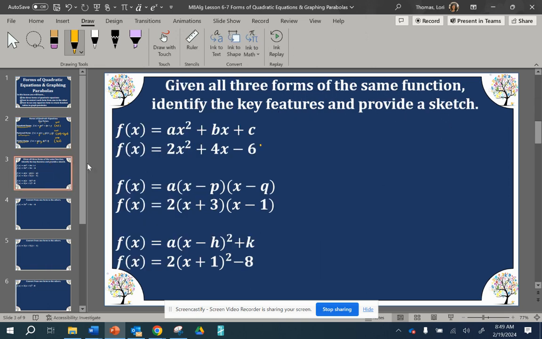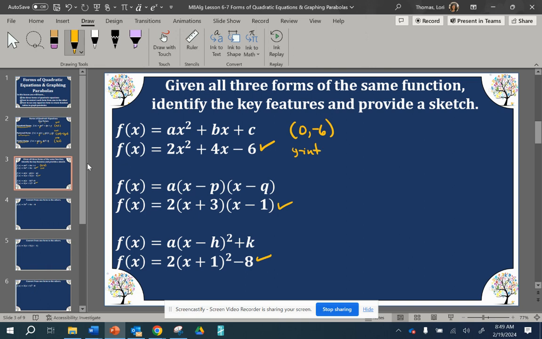So here we have a quadratic function in all three forms. These are all equivalent. So we have standard form, factored form, and vertex form. In standard form, we have our y-intercept of (0, -6). We plug in 0 for x, and we're left with y equals -6.